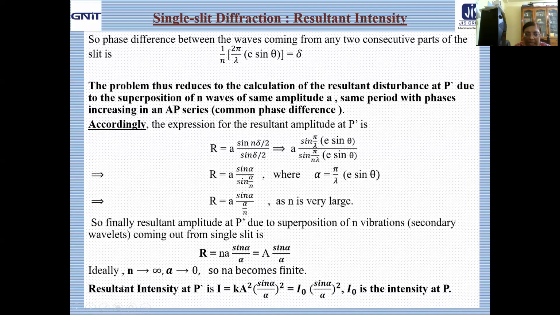I am repeating, resultant intensity at P prime is the square of the amplitude, with proportionality constant K. We are getting I equal to I0 sine square alpha by alpha square, where I0 is considered to be the intensity at P, which is just directly opposite to the slit. That means theta equal to 0 here.